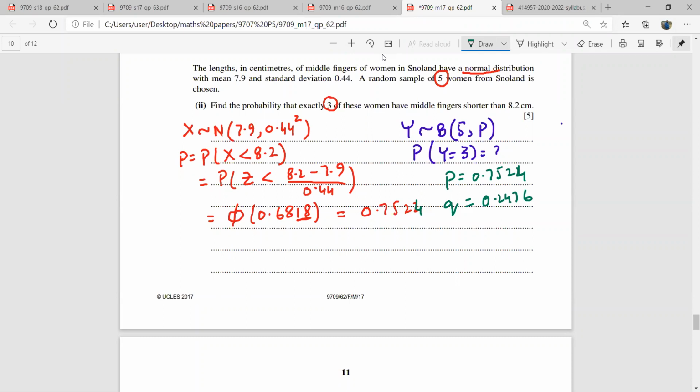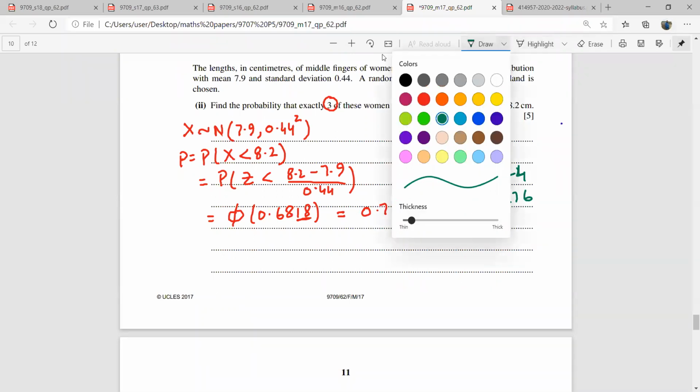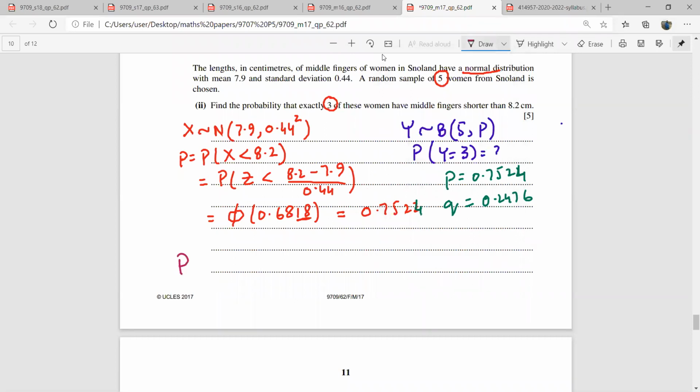Now we can find this probability from this binomial distribution, guys. This is going to be an easy task for us now. The probability that Y is equal to 3 is going to be 5C3 times 0.7524 raised to power 3 times 0.2476 raised to power 2.